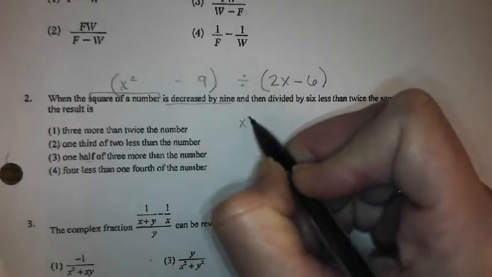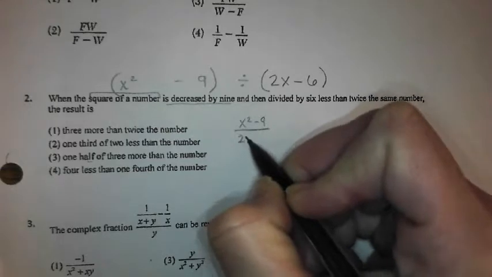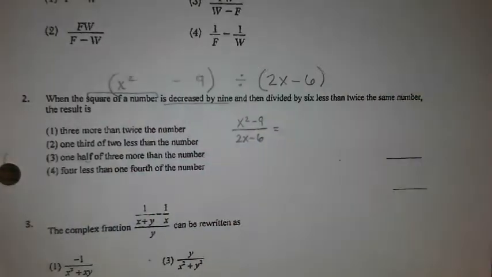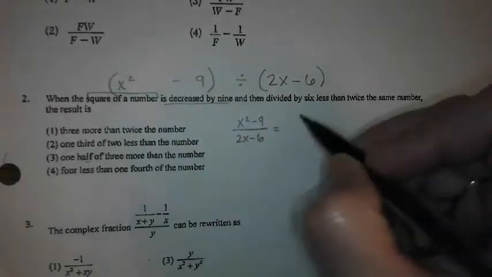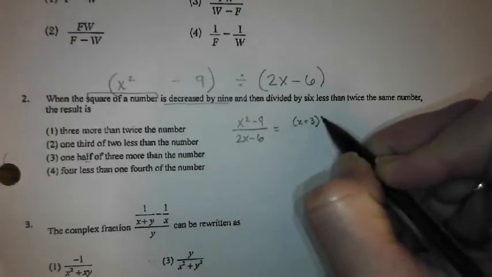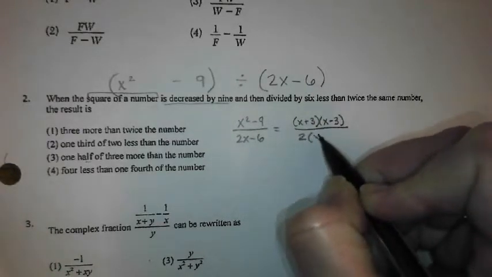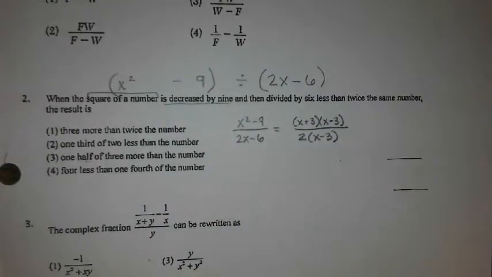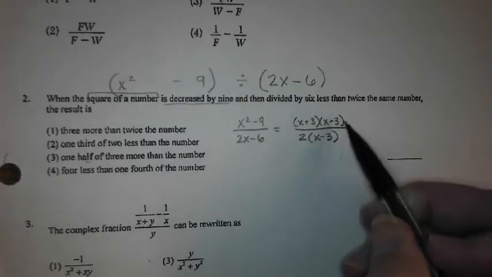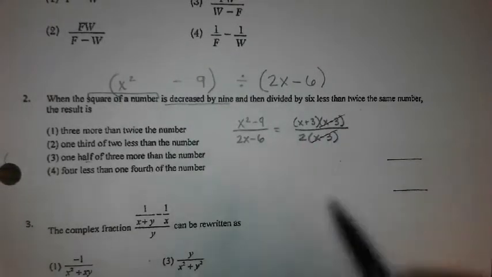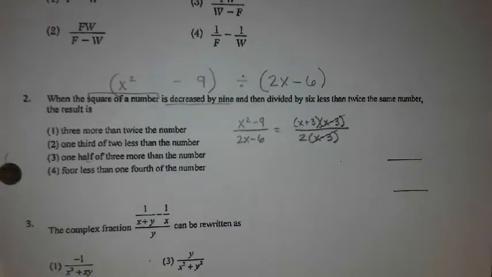So I would rewrite this in rational form, and you're just simplifying a fraction. Simplifying rational, so it's factor and cancel. So we've got the difference of perfect squares and a GCF of 2. And then, of course, the obvious factor that cancels, x minus 3 over x minus 3, leaving x plus 3 divided by 2.